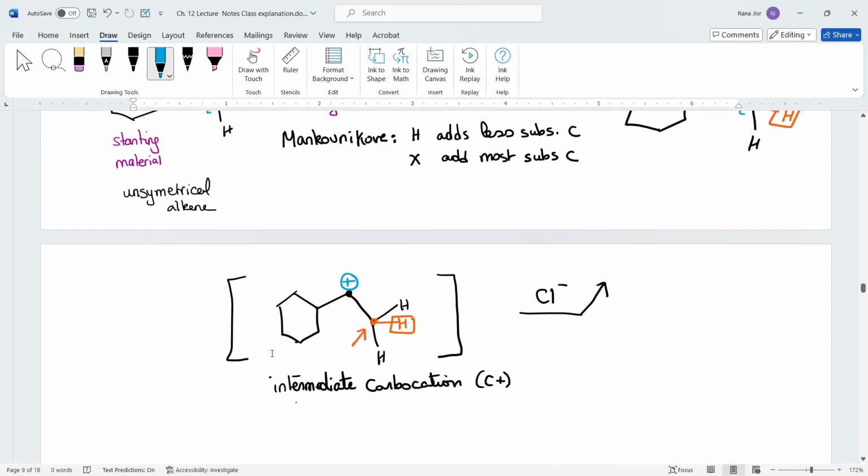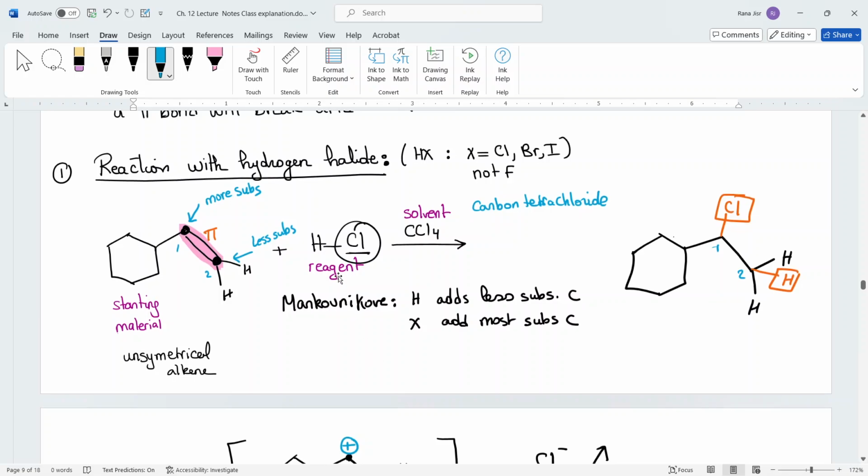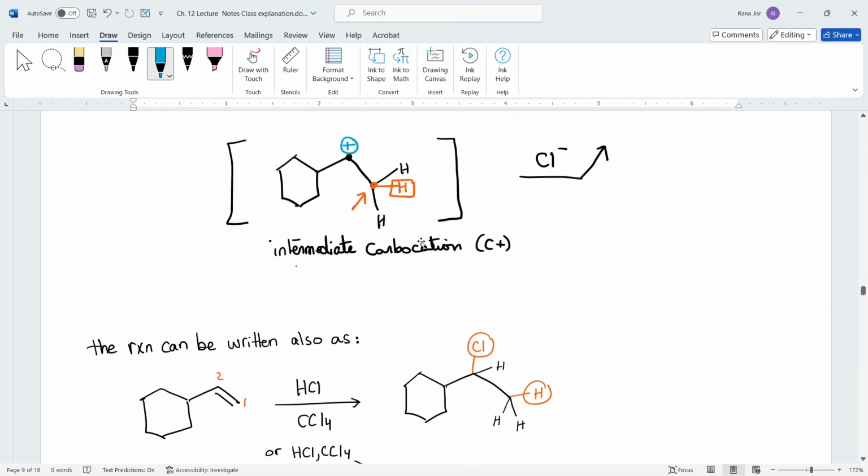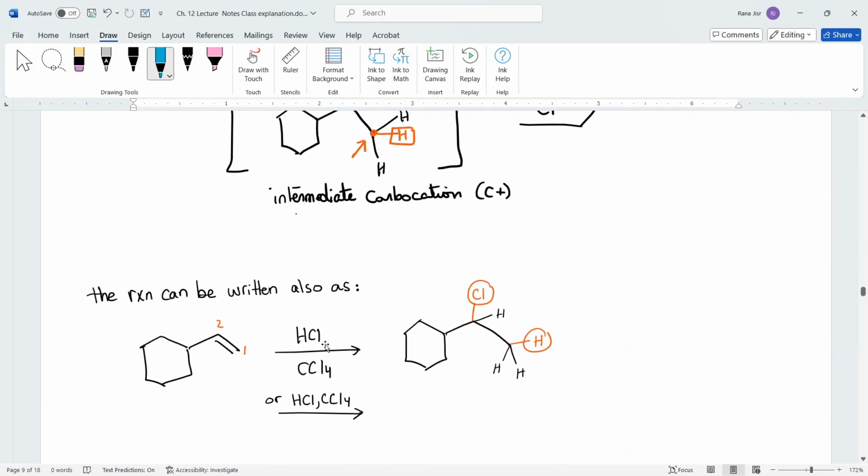Okay, since I am using a reagent and a solvent, there are multiple ways in order to represent this reaction. I can have the reagent and the solvent above the arrow, so I can represent them like this over here. Instead of having the HCl on this side of the arrow, I can have the reagent on top.